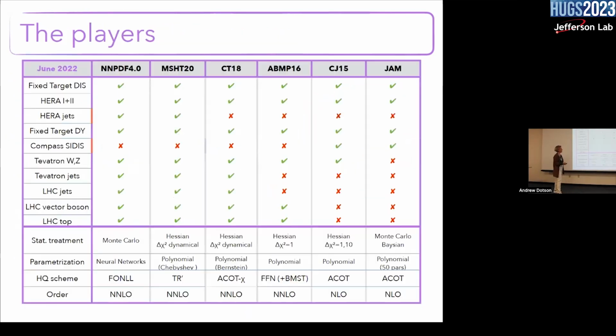So you have to really look into the details: what data are included, what the statistical treatment is, what the parameterization is, what the scheme is, what the order is. I don't have time to go through that, but you have to think about what you need now, and what the differences are. Do I trust the way in which the PDFs have been computed, and so on? I think there is no other way than to do that.